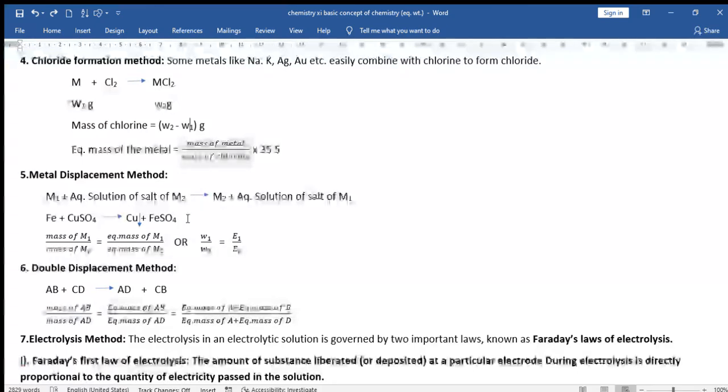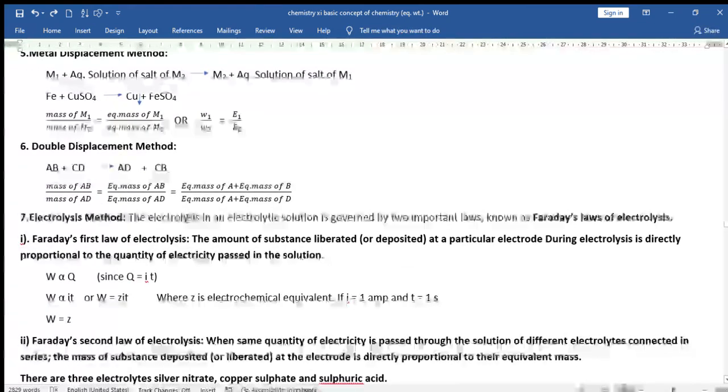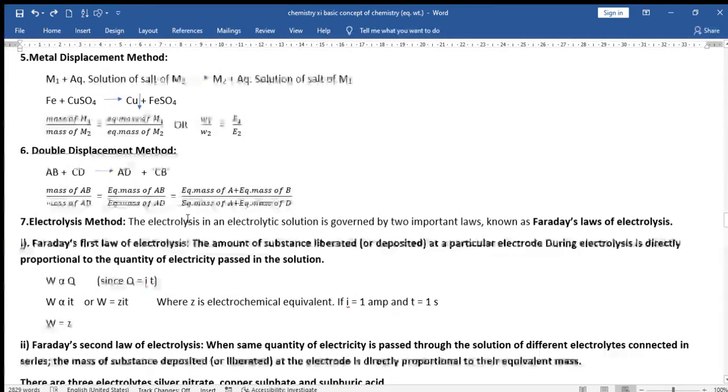To calculate the equivalent mass, because the equivalent masses of the metals have the same ratio as the masses of the metals, we can use this equation: the mass of the metal that is taken divided by the mass of the metal that is precipitated is equal to the equivalent mass of metal 1 divided by the equivalent mass of the metal that is precipitated.